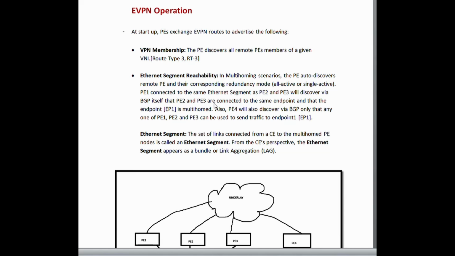As we are stretching a layer 2 broadcast domain or bridge domain across a layer 3 backbone, the leaf switches need to know who the other leaf switches participating in the same VPN are, or let's say who have the same VLAN to VNI mapping configured. So this is done through EVPN route type 3, or as we call it, inclusive multicast Ethernet tag route, or in short, IMET routes. If you're unclear about route type 3, I would highly recommend you go and watch the previous video, which covers EVPN route type 3 in detail.